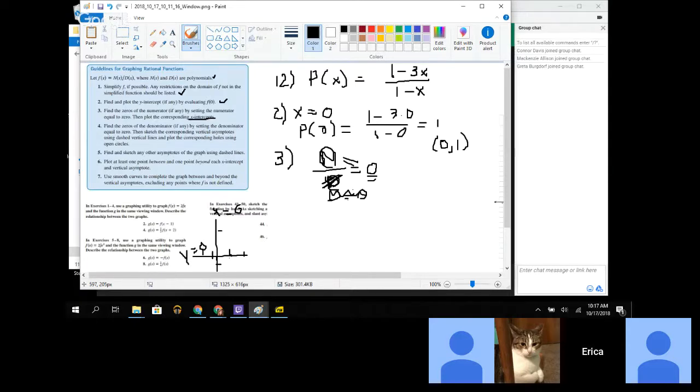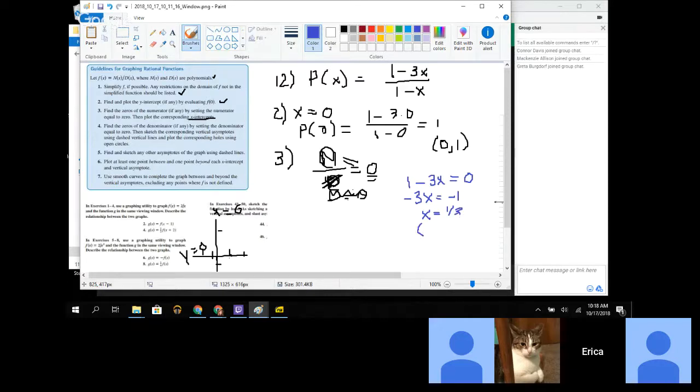So I take the numerator, 1 minus 3x, and set it equal to 0. Then I do a little math. 3x equals 1, so x equals 1/3.